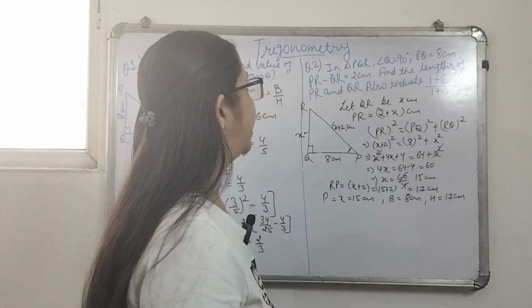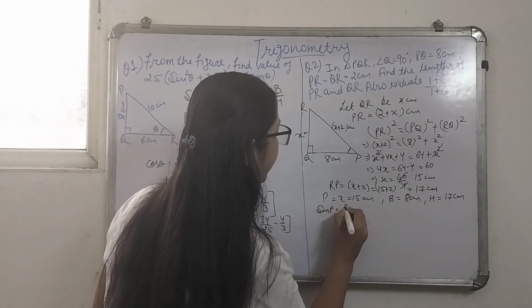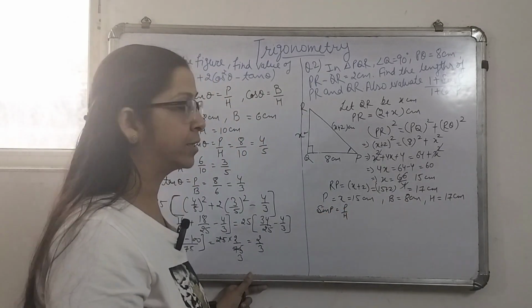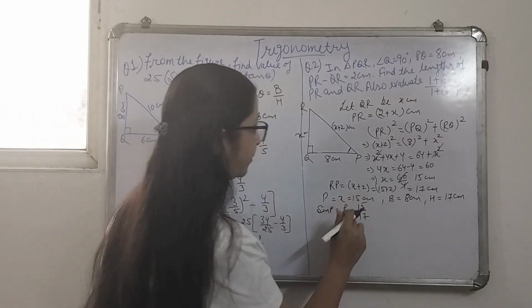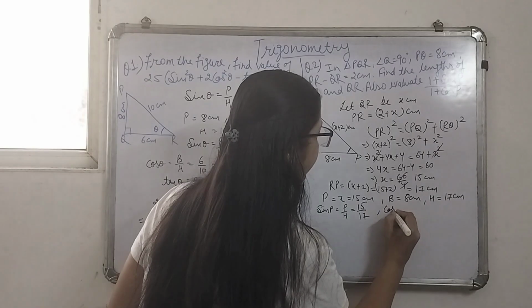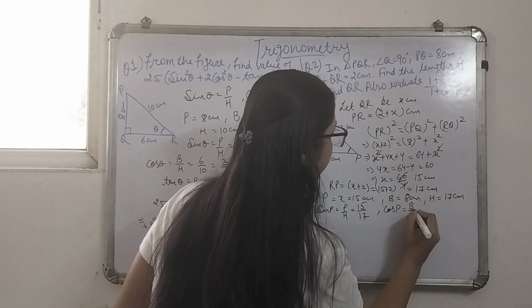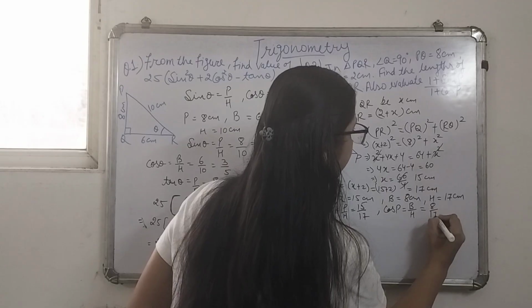We know that sine of any angle is perpendicular to hypotenuse. So sin P is 15 upon 17, that is the hypotenuse. Cos of any angle is base upon hypotenuse, so cos P is 8 upon 17.